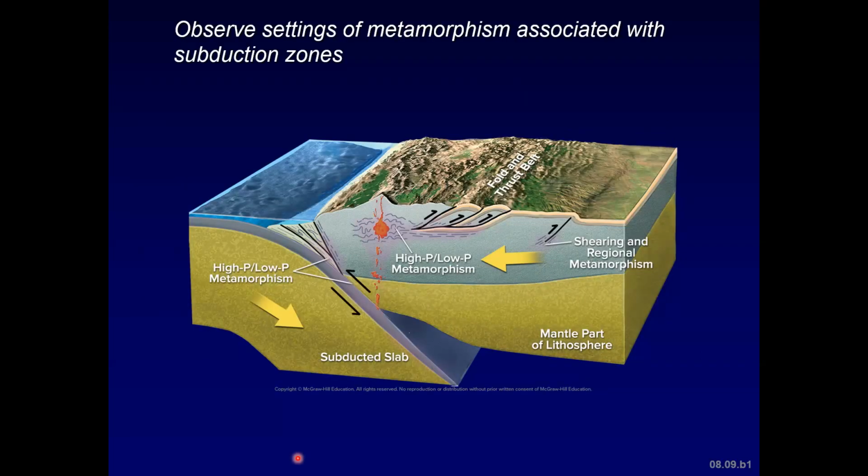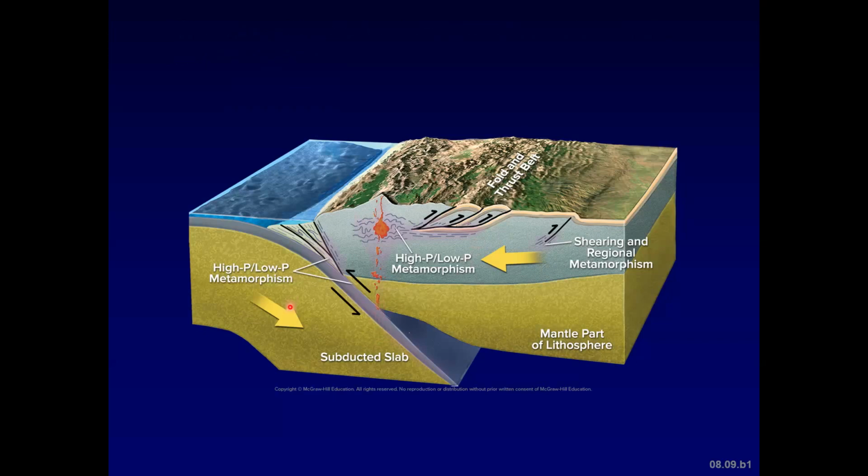So we'll look at the settings of metamorphism associated with subduction zones, with metamorphism shown in purple. All right. So we have a huge thrust fault forming as this subducted slab is underthrust beneath an overriding plate.